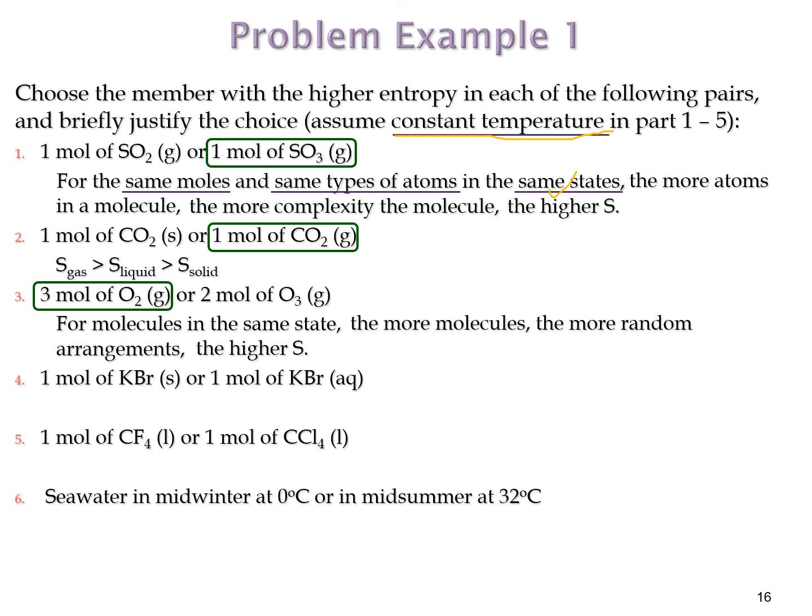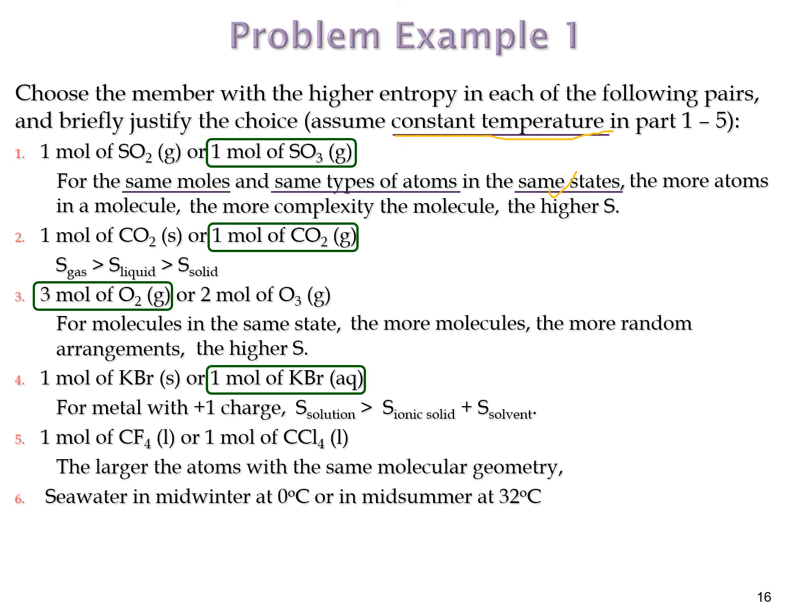1 mole of potassium bromide versus 1 mole of potassium bromide in aqueous. The one in aqueous definitely has a higher entropy, there's no doubt. 1 mole of CF4 in liquid versus 1 mole of CCl4 in liquid. Again, same temperature, same state. Scenario 1 is out. Scenario 2, the solution not happening because we talk about a pure substance.